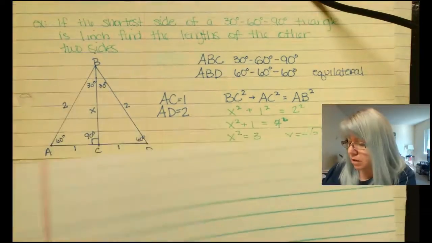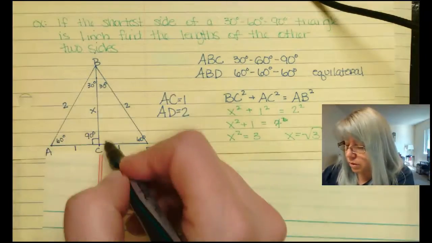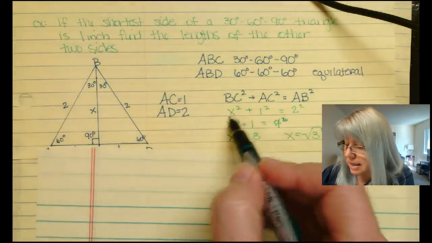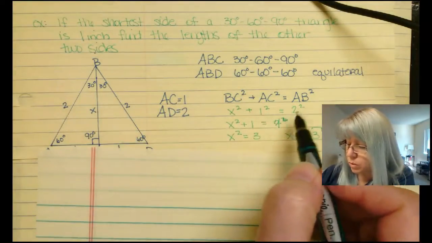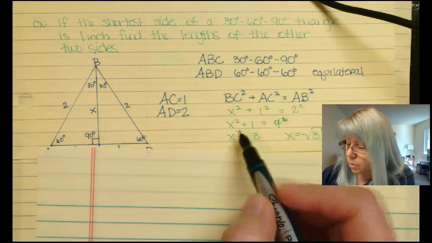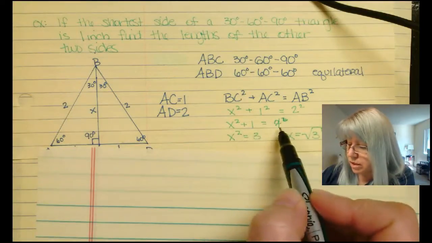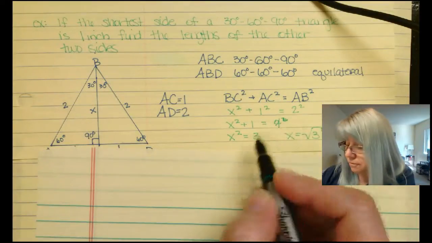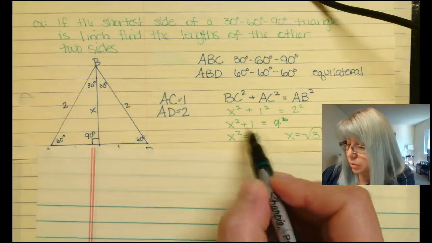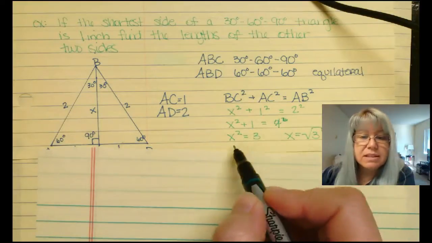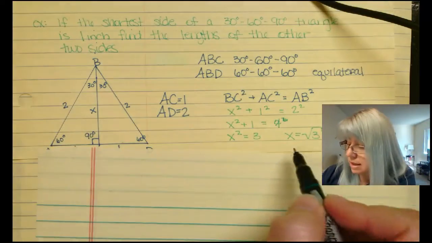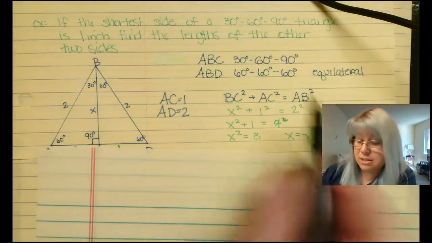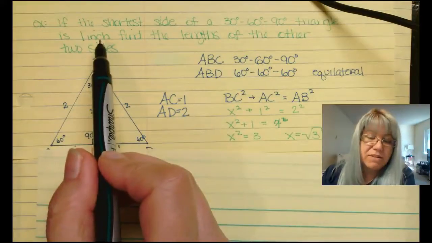By plugging in our values, we're looking for the line BC, that would be x squared plus 1 squared equals 2 squared. So x squared plus 1 squared equals 4, because 2 squared is 4. X squared equals 3 by subtracting both sides. Take the square root of both sides. Therefore, x equals the square root of 3 inches, because we did start with a unit value.